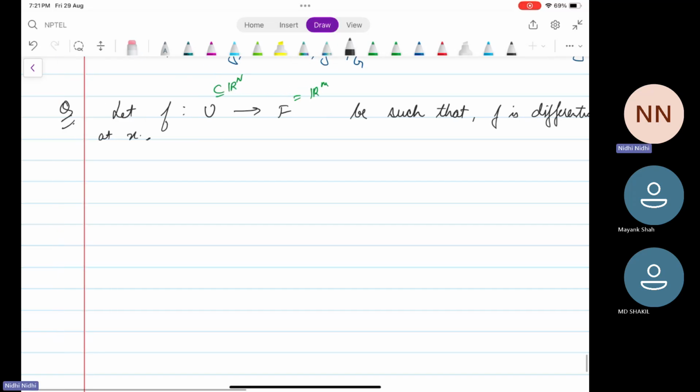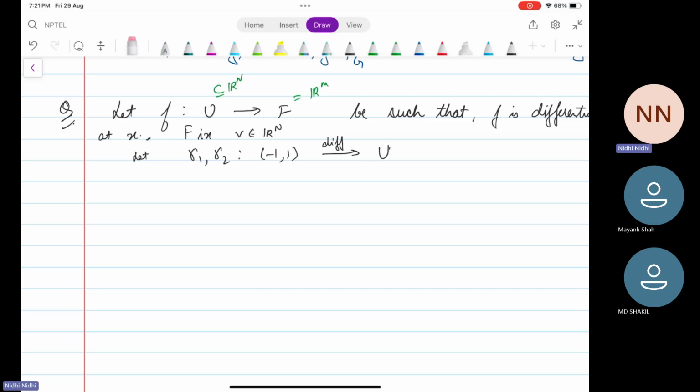Now fix some v in Rn. Define gamma 1 and gamma 2, maps from -1, 1 to U, which are differentiable.